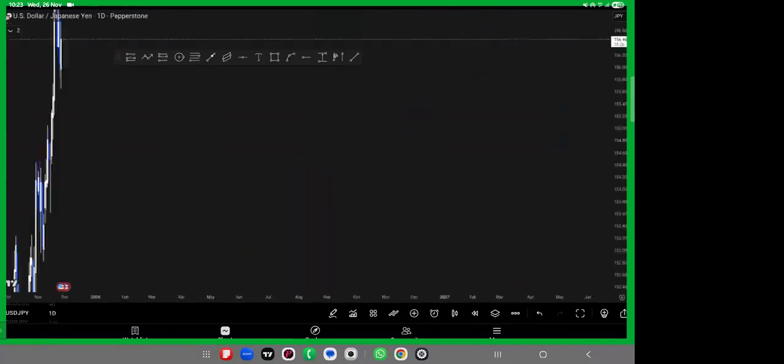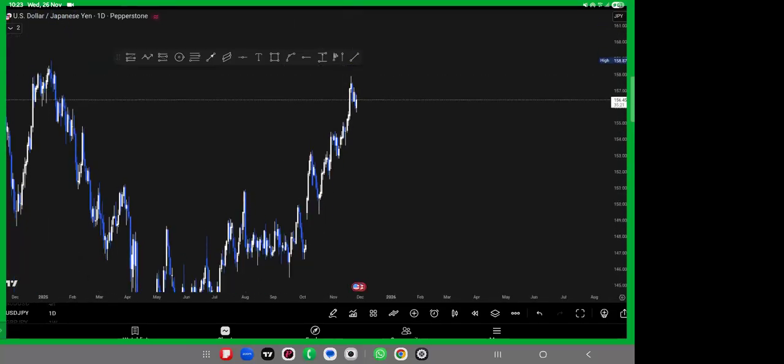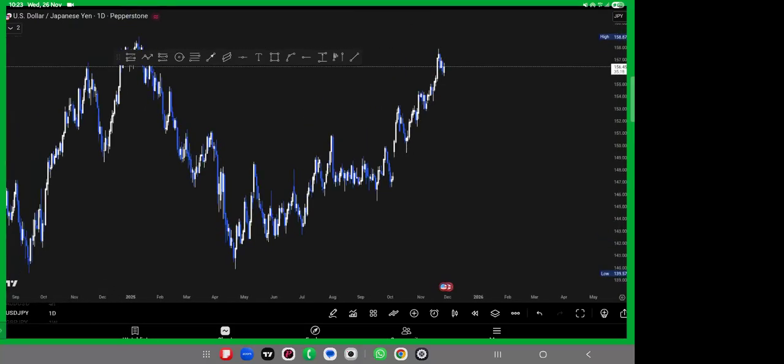So I'll just make use of the daily time frame rather. Now, if you check very well, you can see that the market is already in a demand trend.